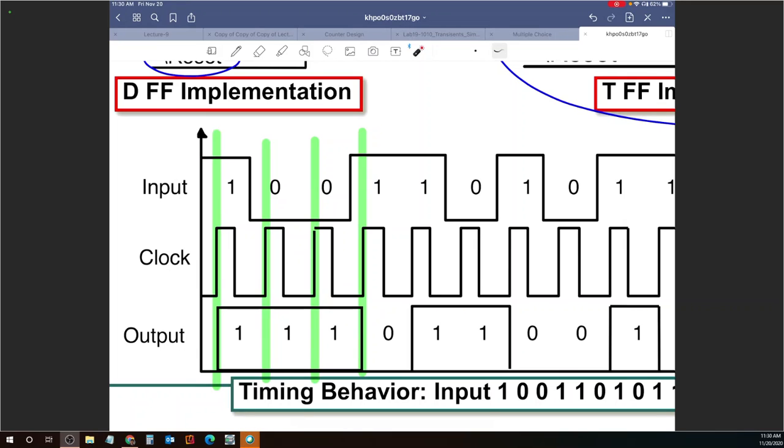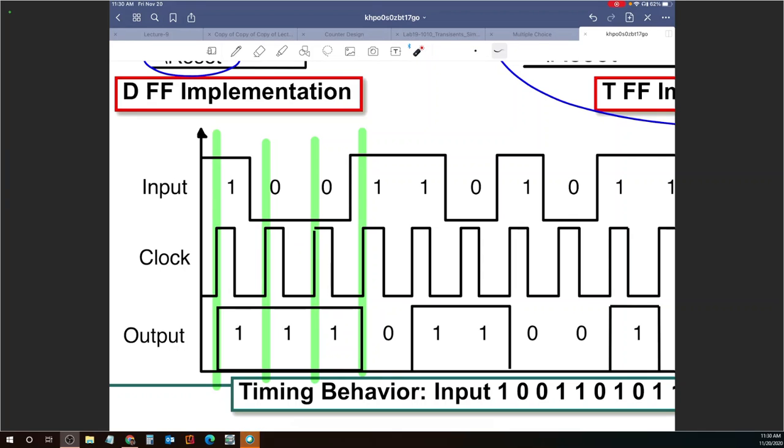The flip-flop is going to monitor the input at the positive edge of the clock. If it is a 1 there, your output is now going to be a 1 because that is odd parity. Then again, it looks at the input over here: 0 when the positive edge happens, so no change in parity, still a 1. 0 again, no change in parity, still a 1. A new 1 has come in at the positive edge, which makes it even parity, so the output goes to 0, and so on with time.